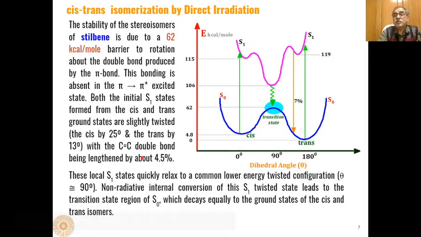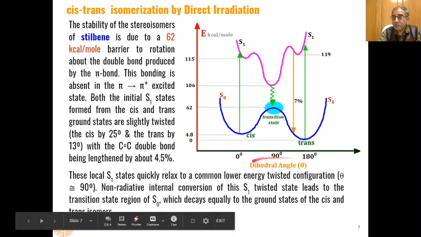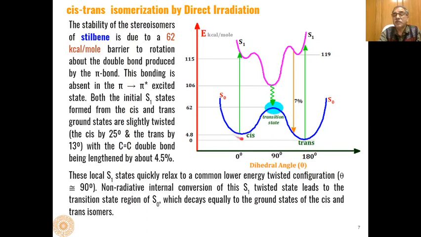Then we can also explain this on the basis of this energy level diagram. With respect to the dihedral angle, we know that in the case of cis isomers the dihedral angle is 0 degrees, whereas in the case of trans it is 180 degrees.